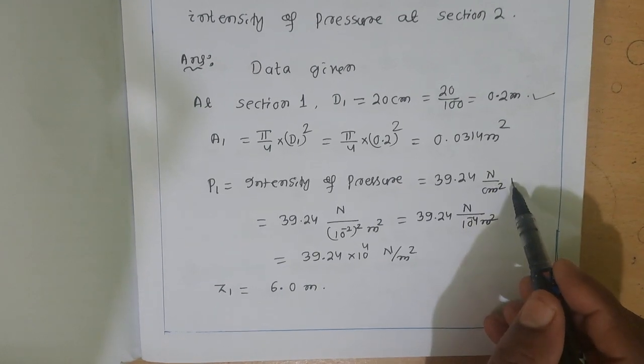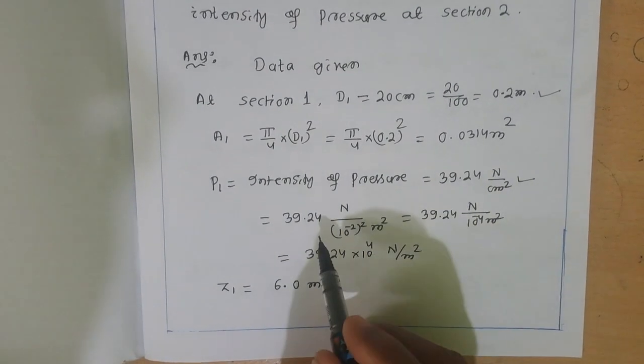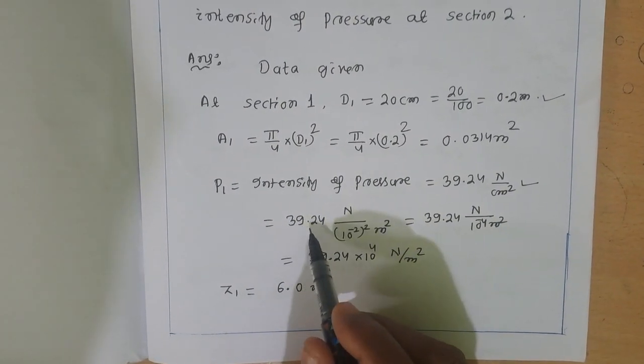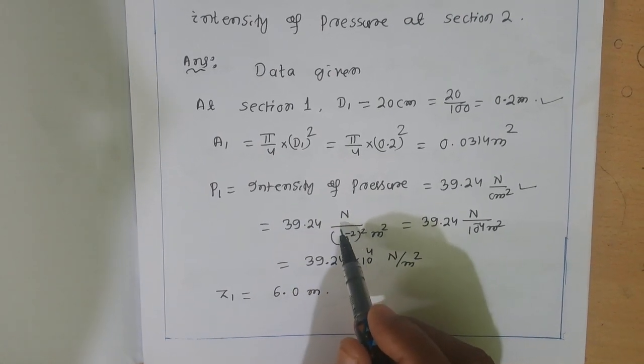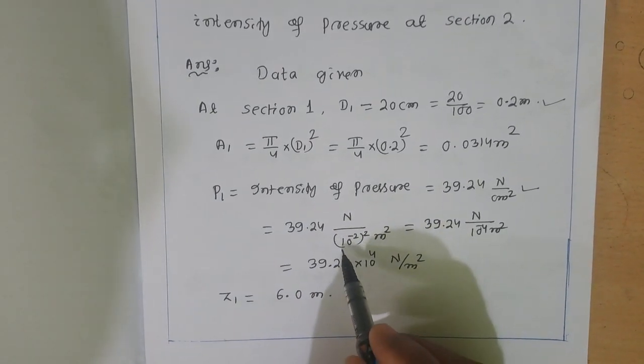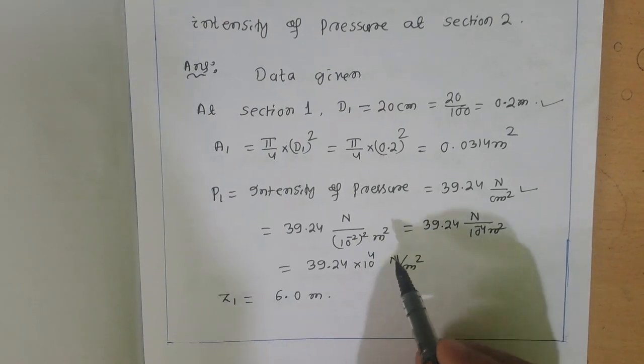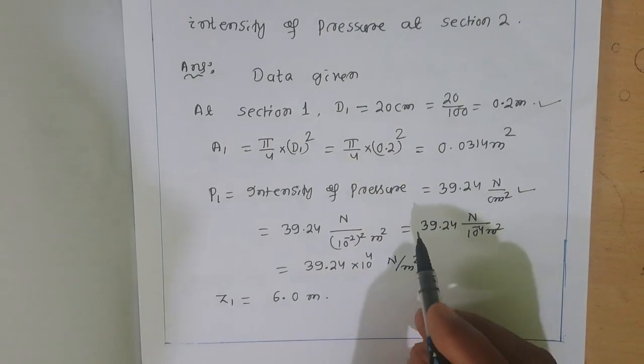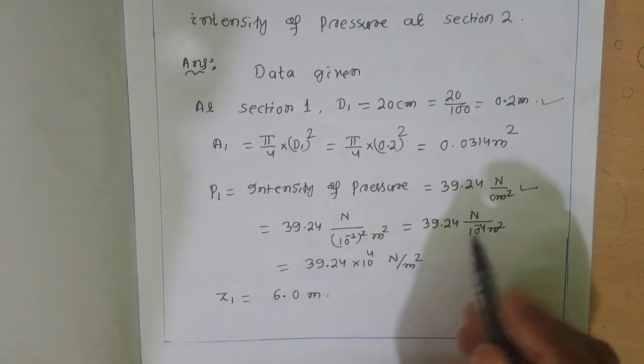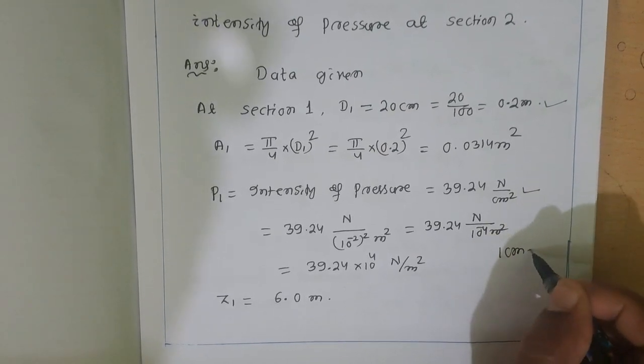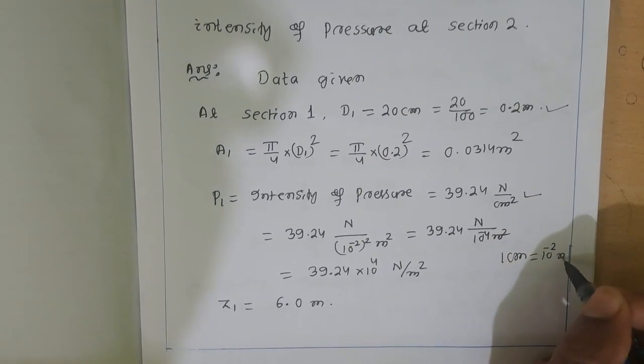P1, the intensity of pressure at section 1, is 39.24 Newton per centimeter square, or we can write it as 39.24 Newton per 10 to the power minus 2 square meter square, because 1 centimeter is equal to 10 to the minus 2 meter.